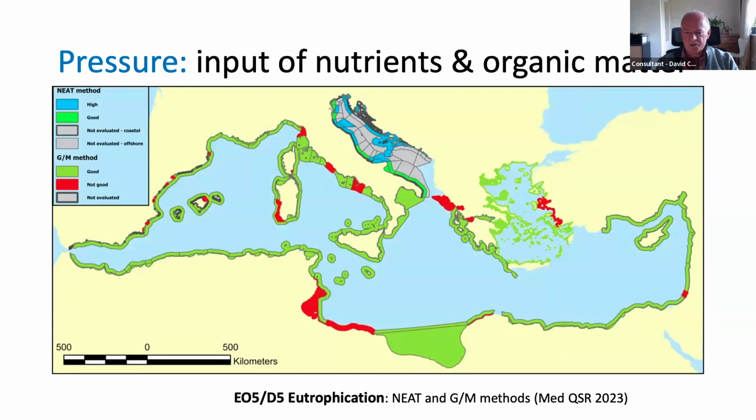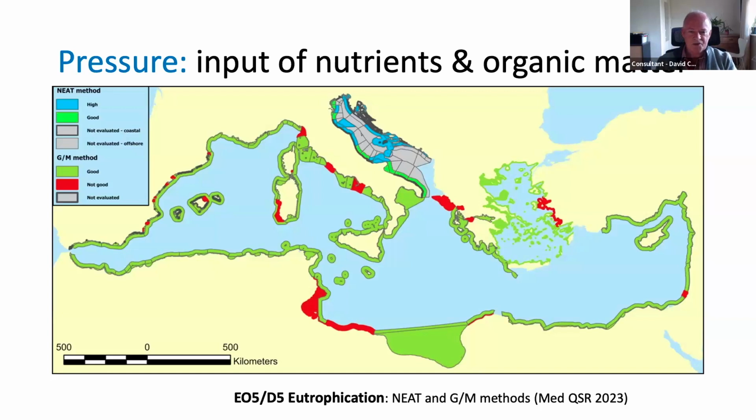And then the final pressure I'll talk about is the eutrophication, the nutrient enrichment. This particular map is compiled from the 2023 QSR assessments, and these assessments are actually focused on the water column, on the level of nutrients in the water and the chlorophyll.